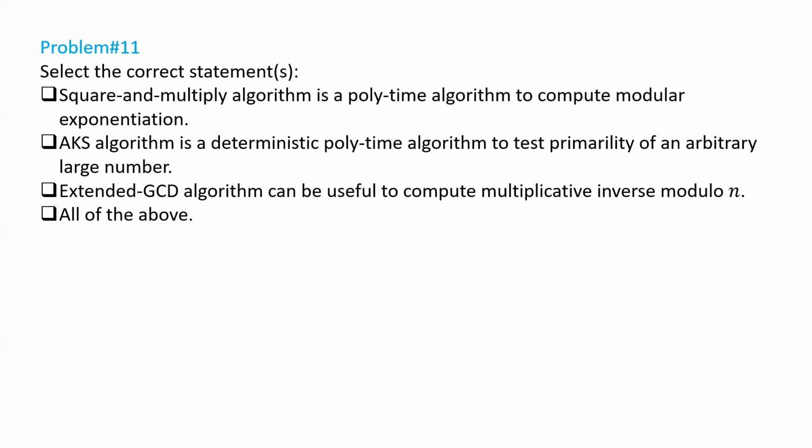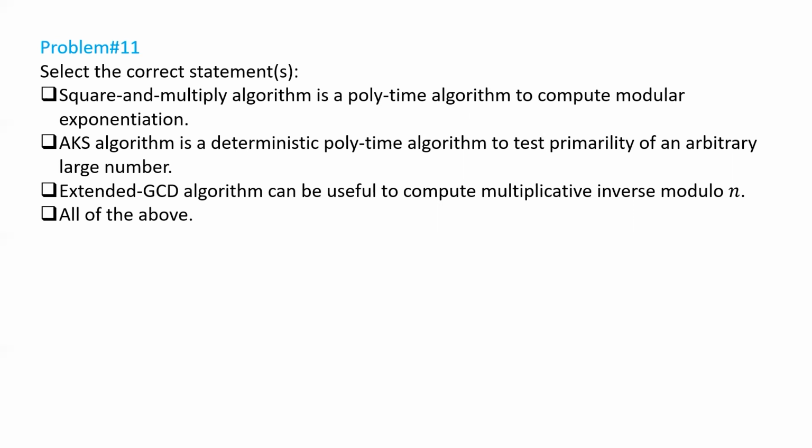This is true. Before the AKS algorithm, there were several primality testing algorithms, but all of them were probabilistic. There were yes-biased algorithms or no-biased algorithms. The question we try to answer is: is n a prime number?